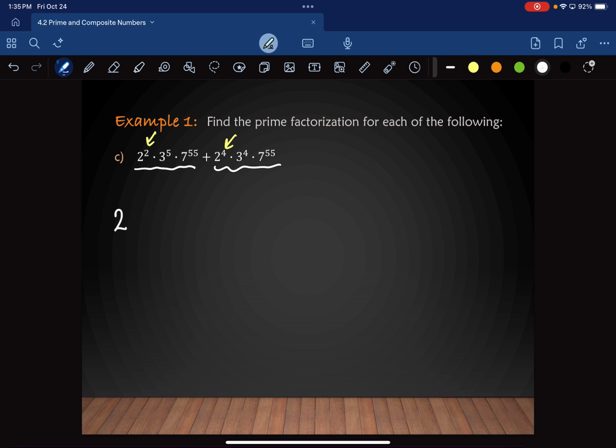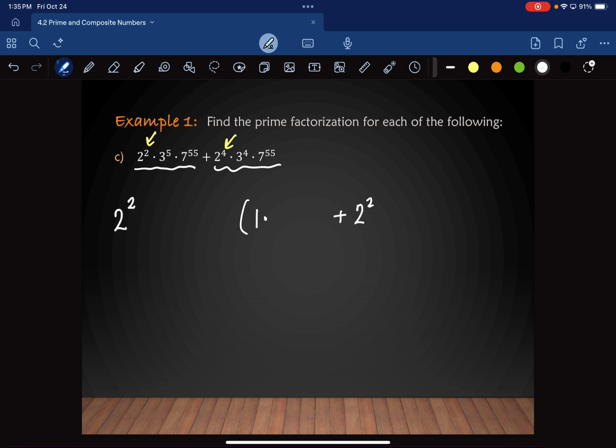So how many of them are common to both? 2. Okay? So this first 2 squared got completely pulled out, so I'm going to do a 1 in its place. The addition is still present. And the 2 to the 4th had a 2 squared pulled out, so how many 2's remain? 2. Okay, we're filling a lot of blanks, so hold tight.